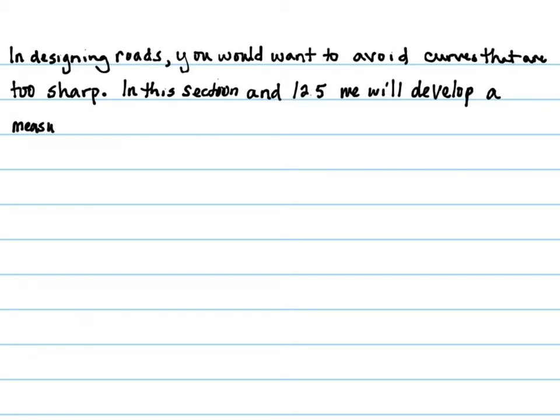So in this section and 12.5, we will develop a measure of how much a curve is twisting or turning at a point.